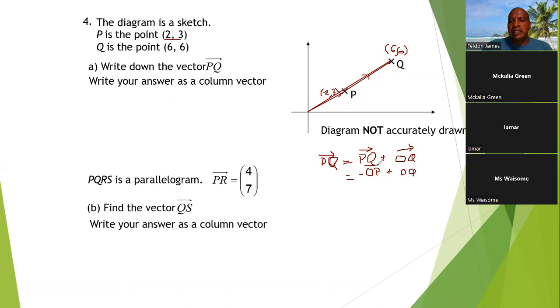We know that the negative of OP is the negative of (2, 3), plus, if you're going from O to Q, (6, 6).